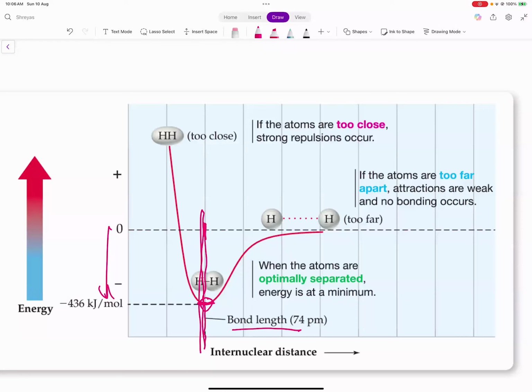We are plotting energy versus internuclear distance. The energy is falling, and as we get an energy minima, the distance which corresponds to that is called bond length.